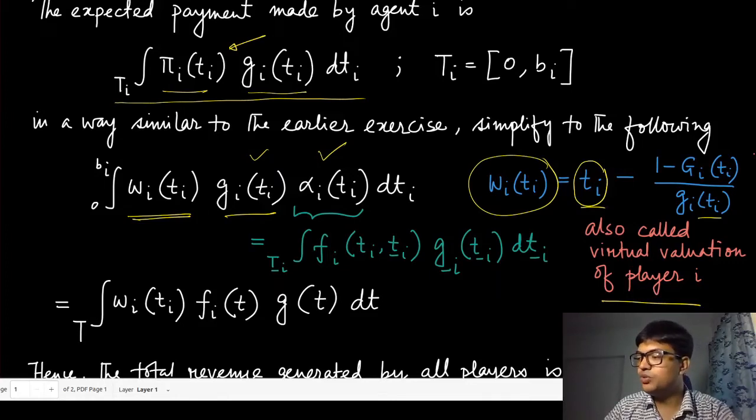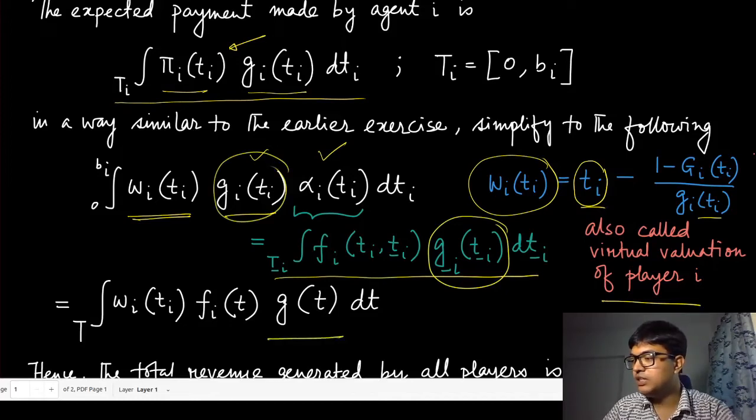And we know, just by expanding this alpha I ti, that this is exactly what it means. Now we can take this term and this term together and call that the whole vector. So it's a joint probability, even though it can be decomposed into products because all these ti's are independent. But we can use a shorthand notation G of t, which means the joint probability distribution over this whole type profile.